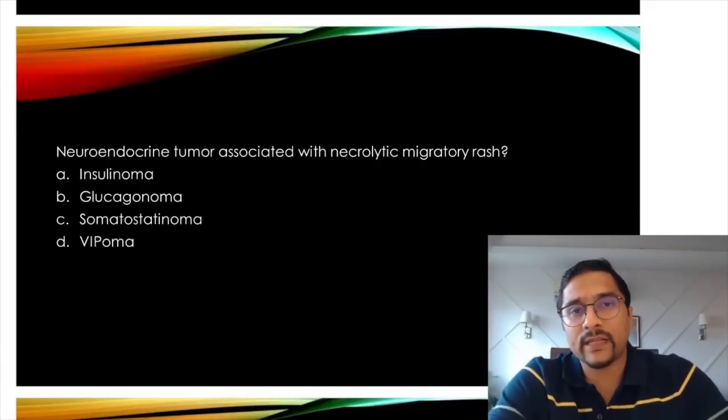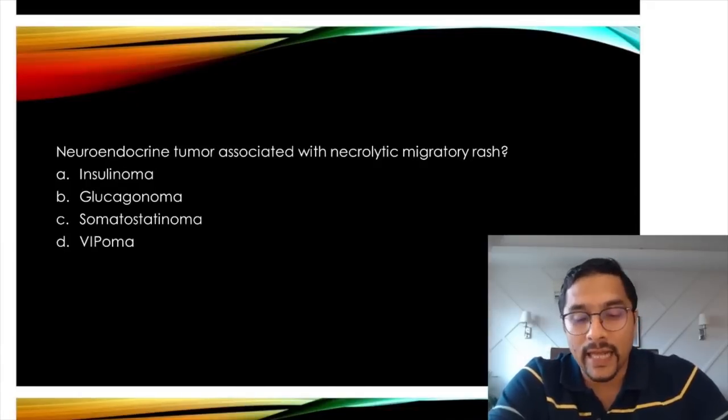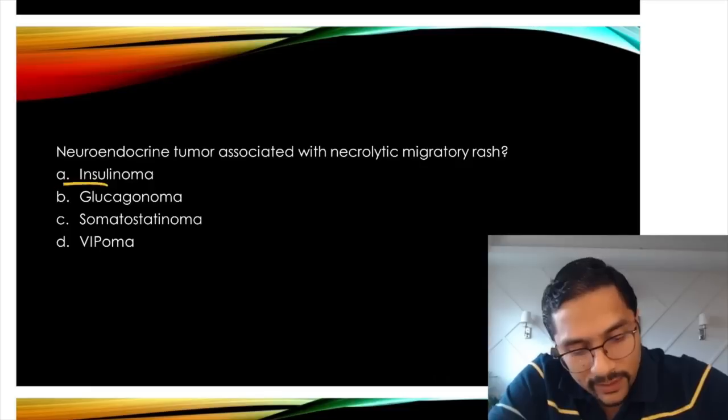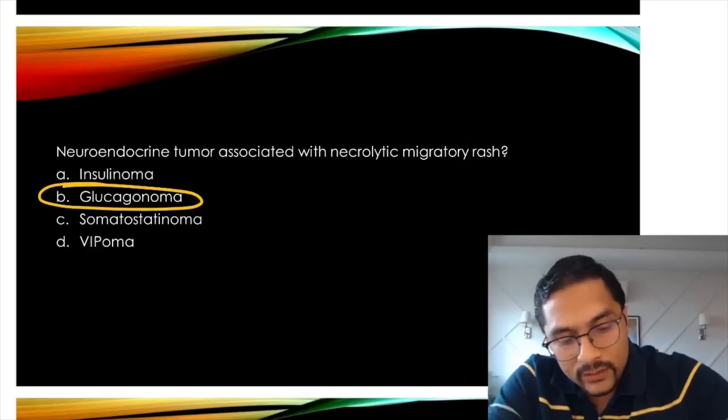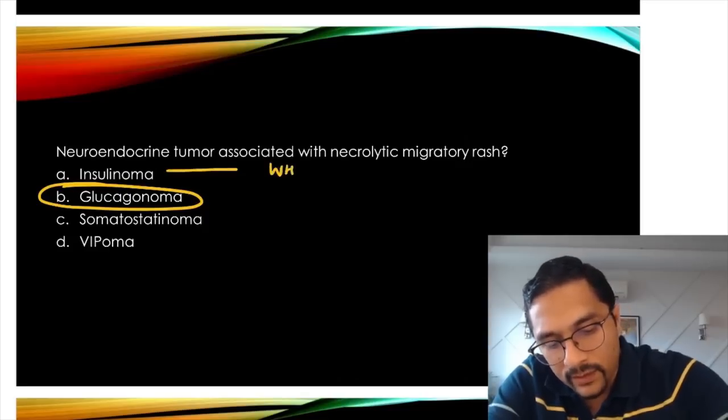Which tumor can present with a necrolytic migratory rash? So necrolytic migratory rash is classical of glucagonoma. Okay, insulinoma, you know the patient will come with Whipple's triad.